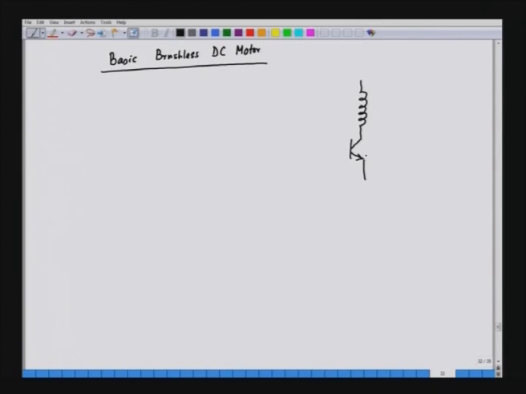So, these are the 3 phases of the stator. We have the transistors here, and these are the 3 windings in the stator, and there is an antiparallel diode here which will free wheel the inductive current, and this is connected to a DC source.